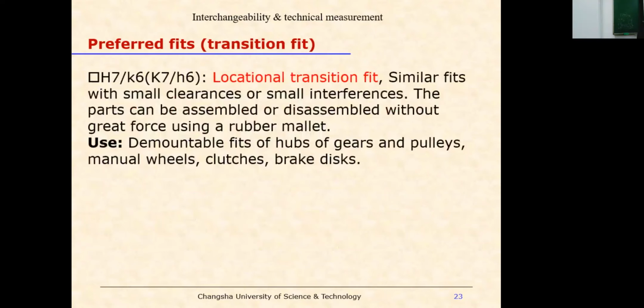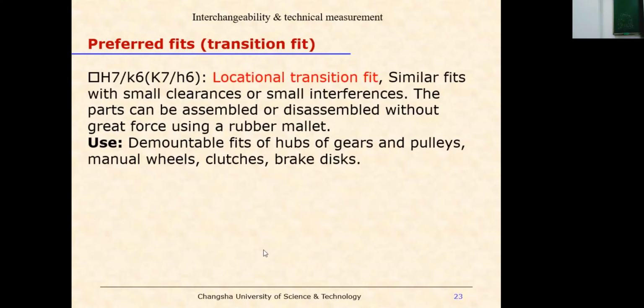For the transition fit, the clearance is small and the interference is also small, like H7 K6. The locational transition fit has similar fits with small clearance or small interference.